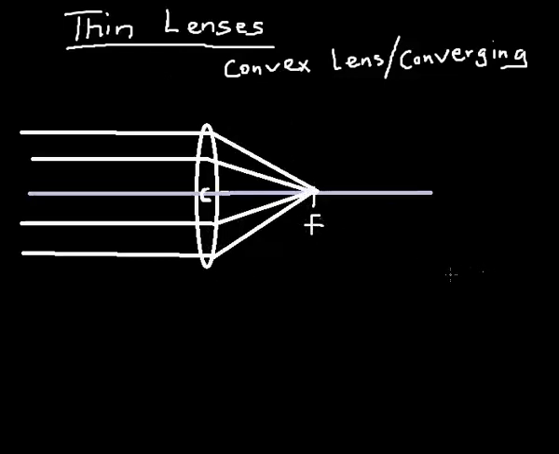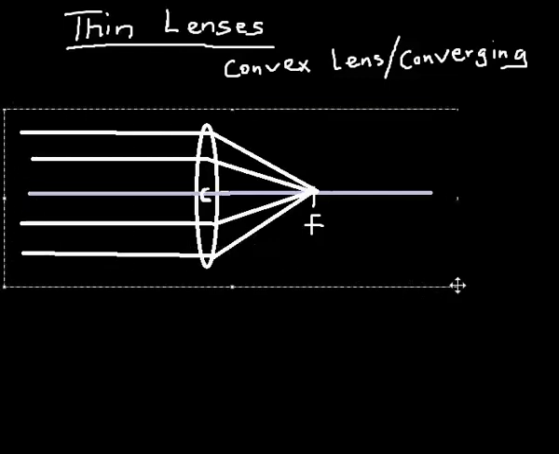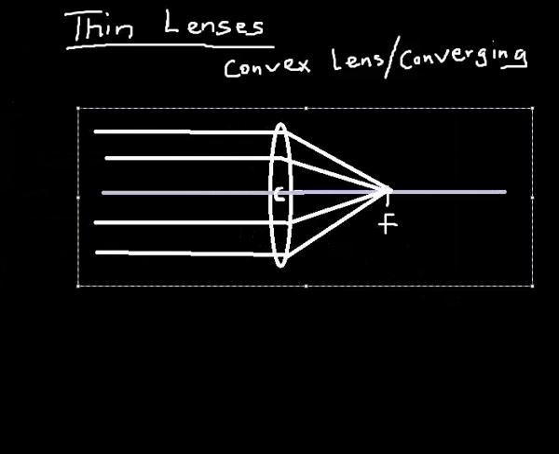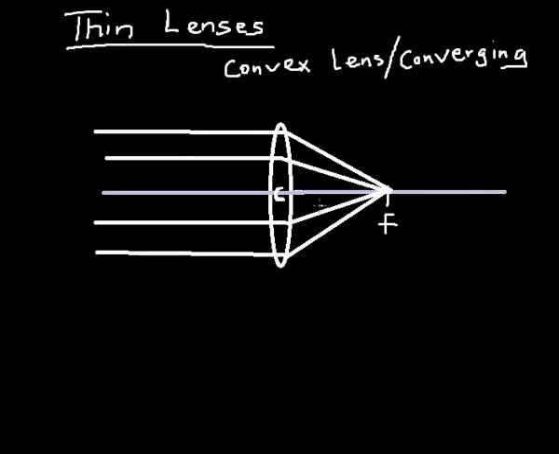All right. Now don't forget that the same terms that we use in illustrating a curved mirror are what we also use for a lens. So now we have the principal focus. The only difference is that a curved mirror has a reflecting surface, so only one part of the mirror actually reflects.